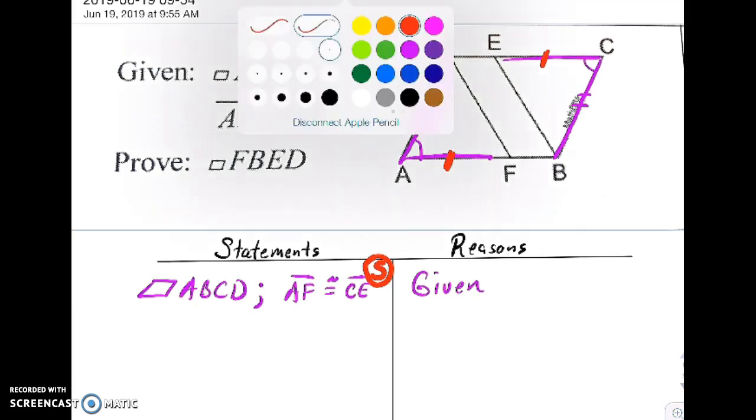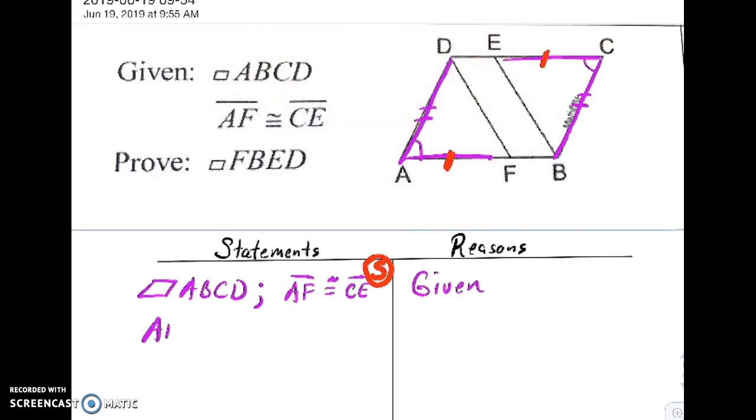I'm also going to go ahead and say that AD, the left side, is congruent to BC. Probably should say CB. And that is because opposite sides of a parallelogram are congruent. So that's what I have marked here.